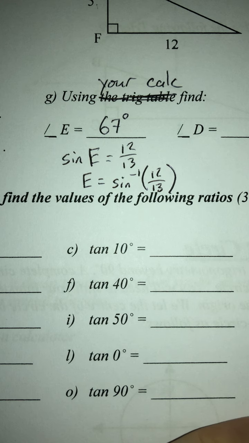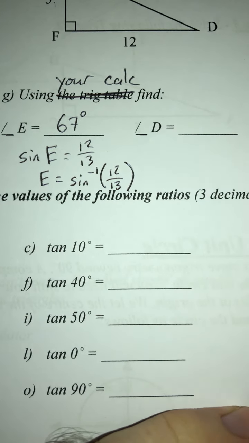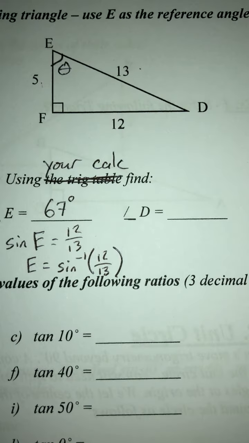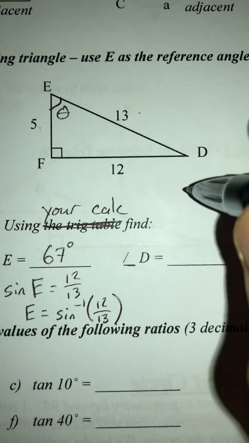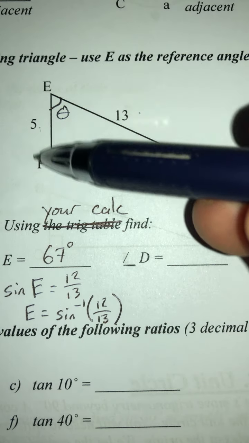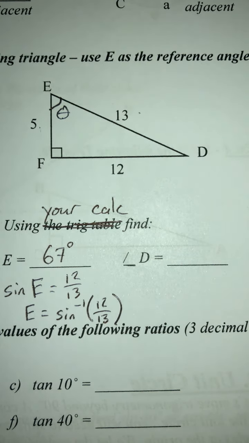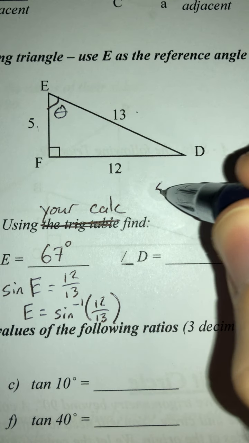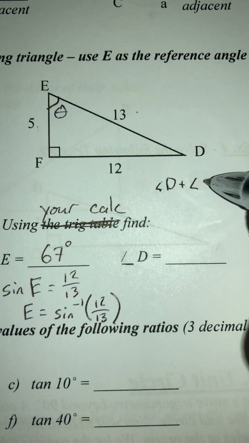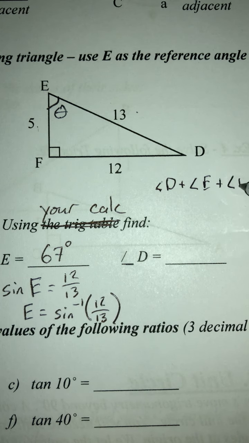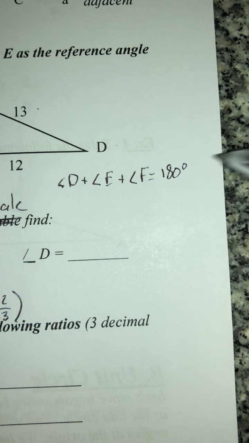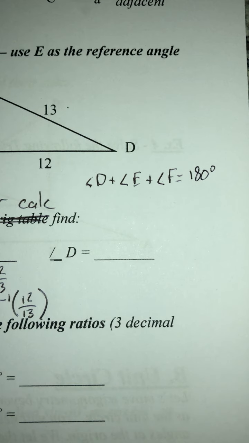So now we can do this for angle D. So we could rewrite everything in angle D. However, something that's worth noting in this is, I don't know if you've been taught this before, but if you add all the angles in a triangle, they add up to 180 degrees. So angle D plus angle E plus angle F add up to 180 degrees. You don't need to know where that comes from.